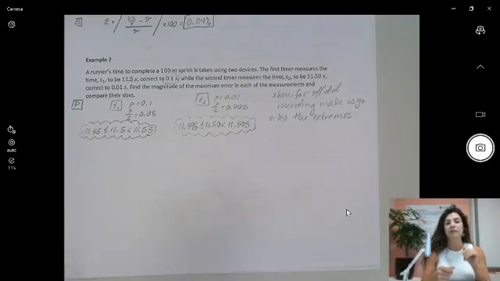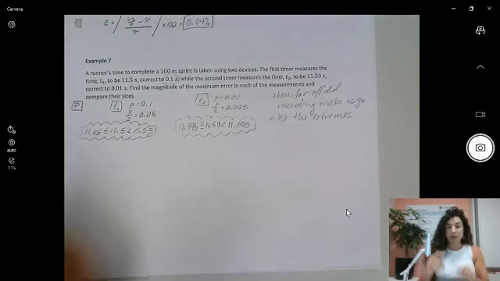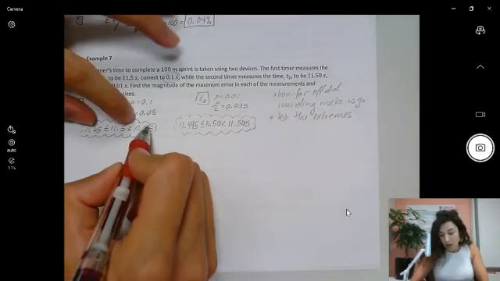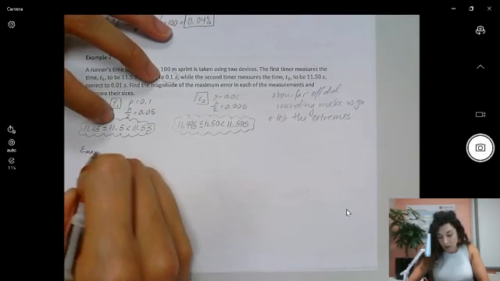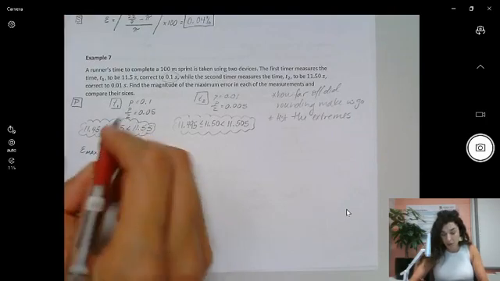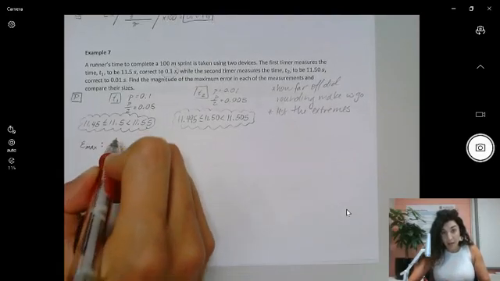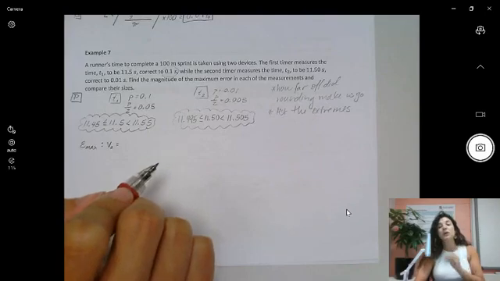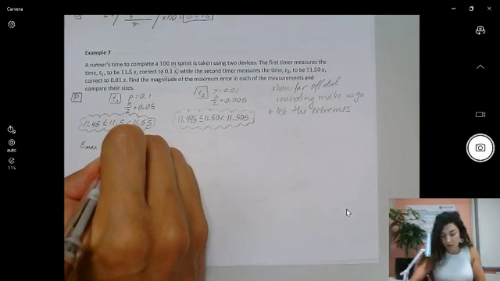So when it says find the magnitude of the maximum error in each of the measurements and compare their sizes, we need to take each maximum error and find the percent error. So if we're talking about our maximum value, our error on T1 using our maximum value. Let's start with planning. We need to write down what our approximate value is. Our approximate value is what we rounded to, so that is 11.5.